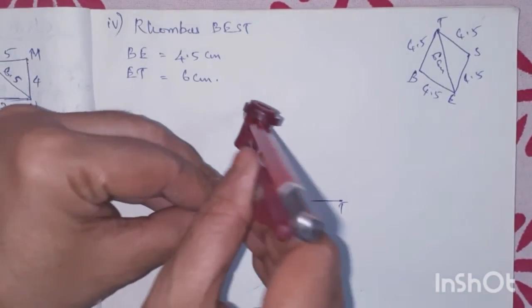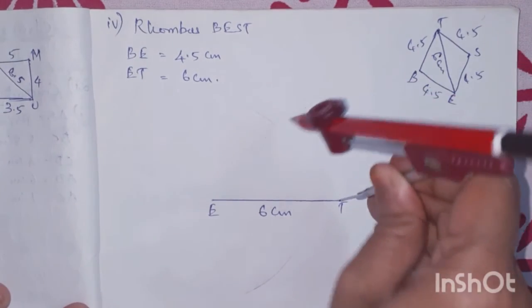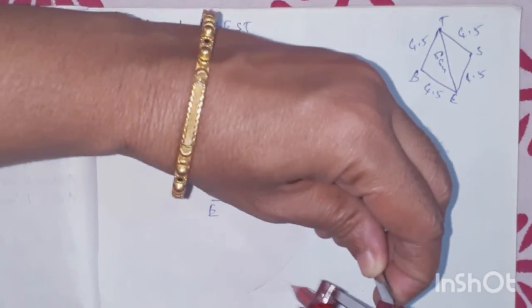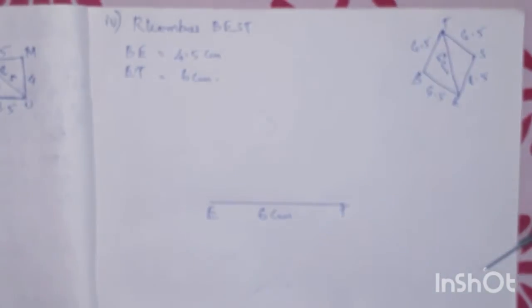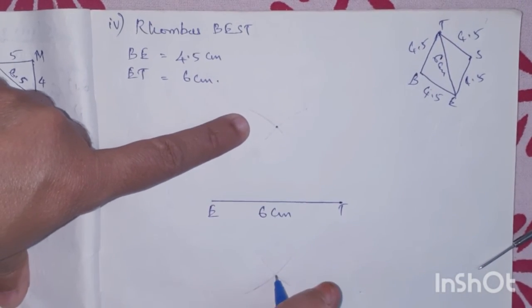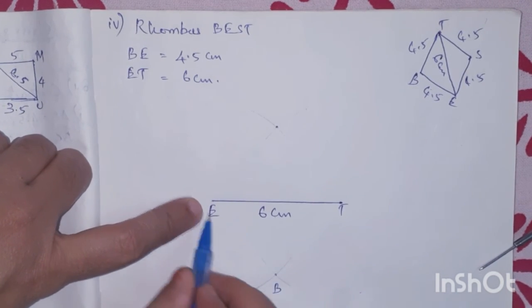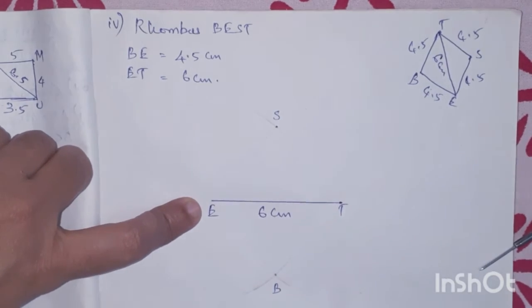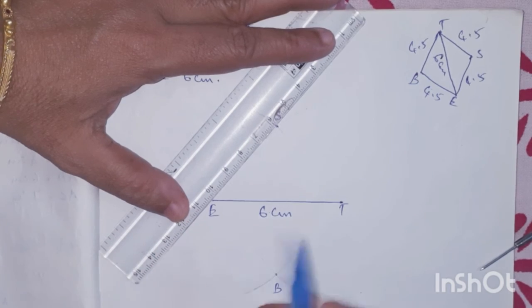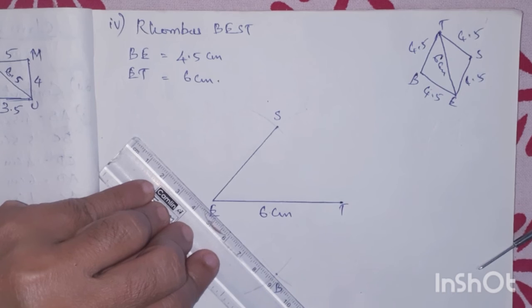Now here also we can draw same. So from T also we can draw this same arc. Mark the point here. BEST. So now join the point lines. BEST.